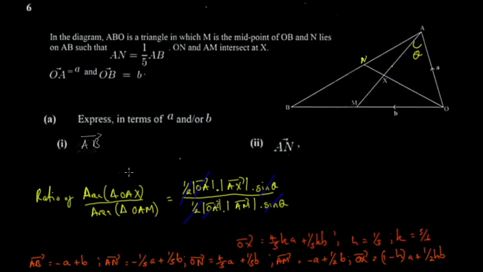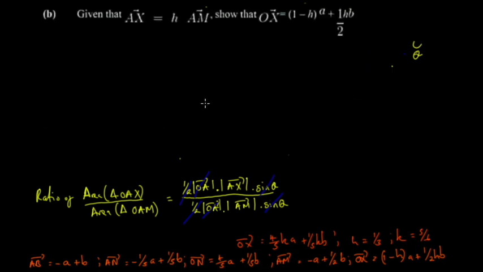The interesting thing that I want to show you now is, notice that AX is equal to H AM. So you can substitute H AM here, to represent AX, over AM here.